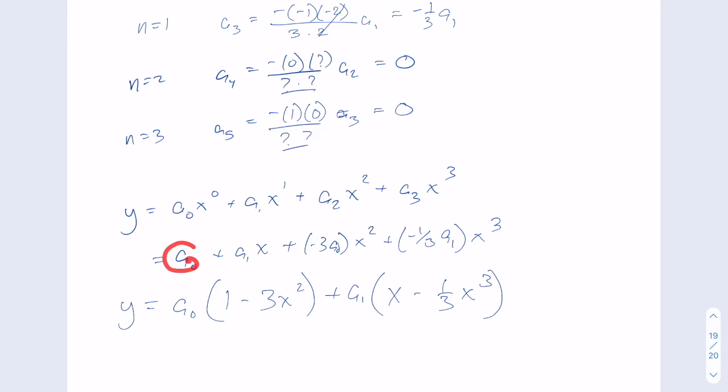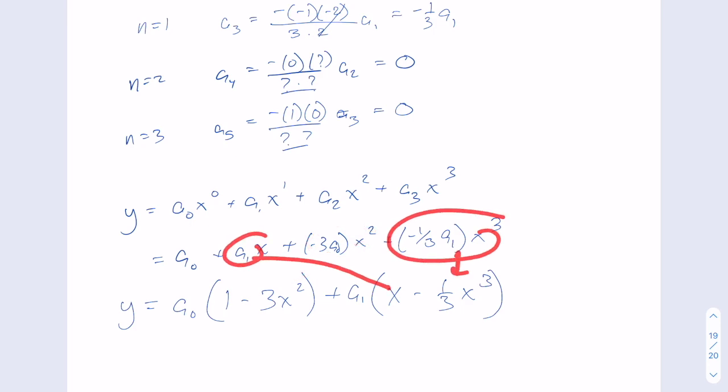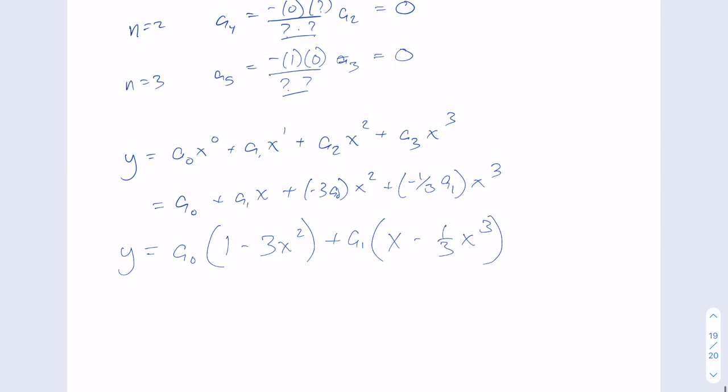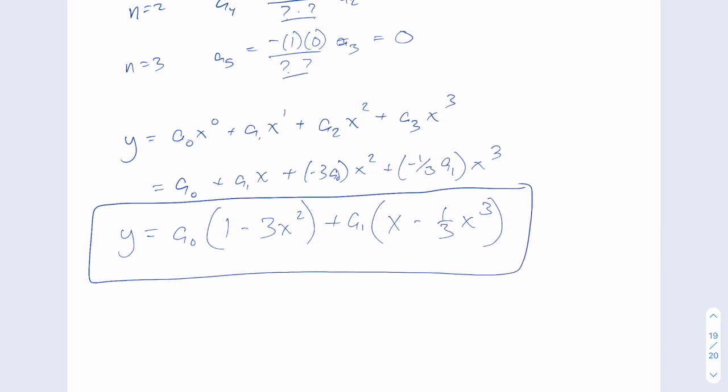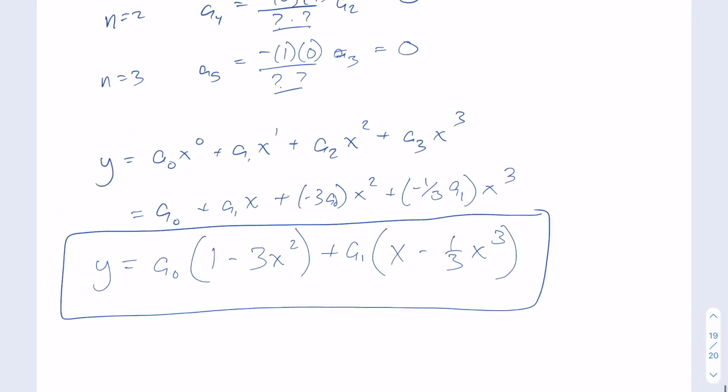Right, so take that one, that's 1, take the a naught out of it, put the x, and then this one, take the a1 out of that. And so here I actually have the solution is a cubic polynomial with parameters a1 and a2 if I had initial conditions.